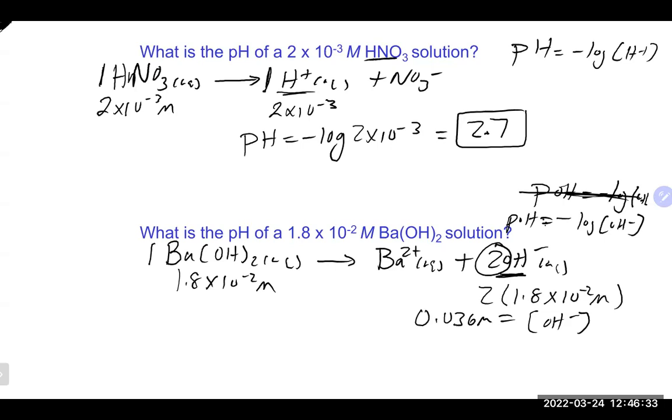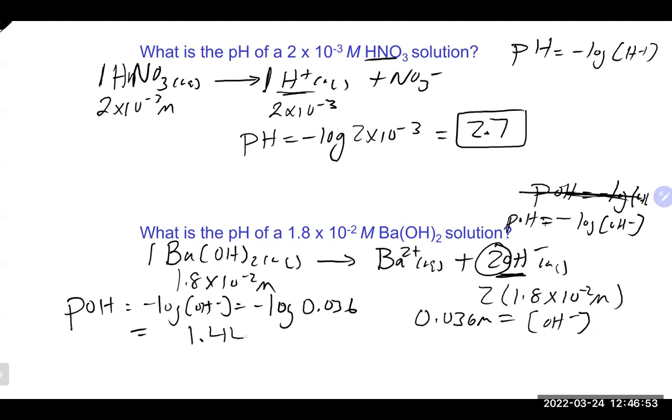Now we have the correct hydroxide concentration. We could go into our POH of 0.036, which is going to give us a POH.